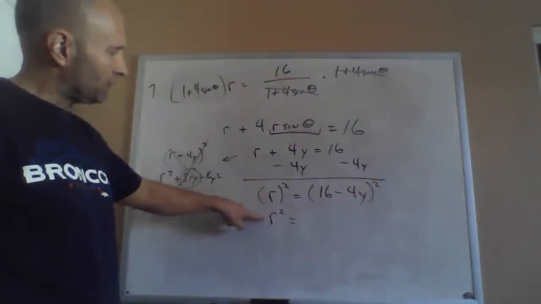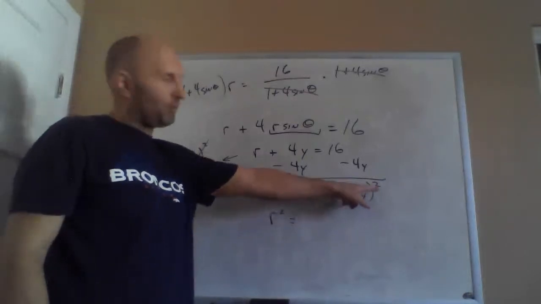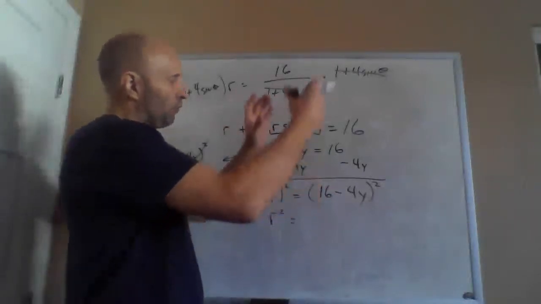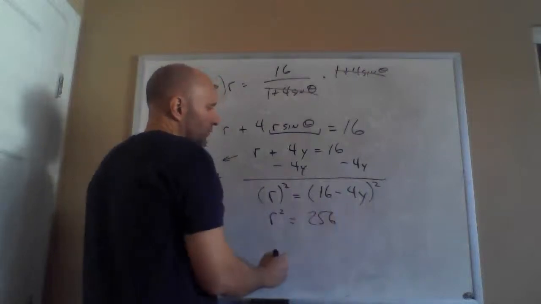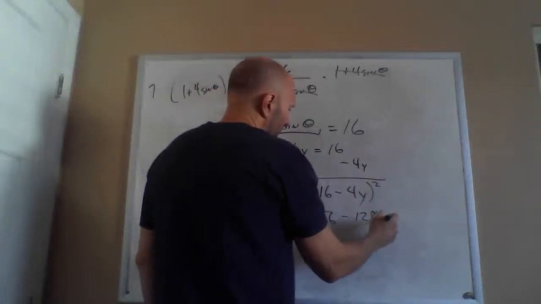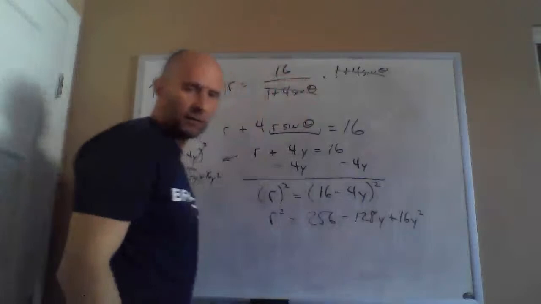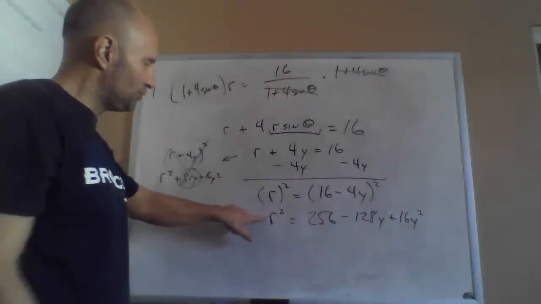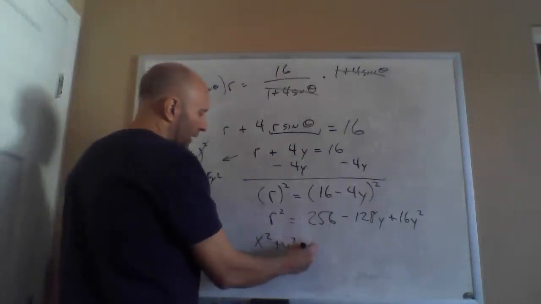So on the left, I get r squared. And over here, don't forget from your binomial theorem, we're going to end up with 3 terms. This is like 16 minus 4y times 16 minus 4y. So we get 256 minus 128y plus 16y squared. And now I can make my last substitution. This guy is really x squared plus y squared.